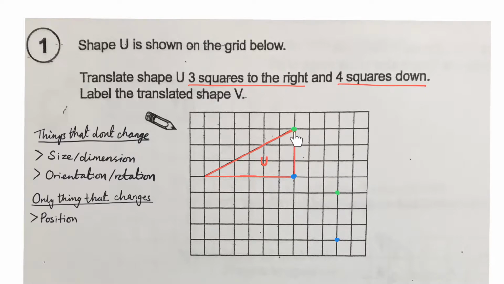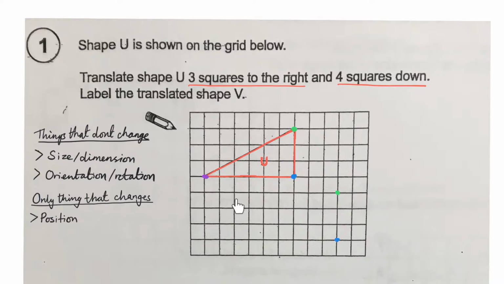The height here is 3 boxes, so from the green one we go 3 boxes down to draw the other vertex, and then this vertex here, this purple one, this is 1, 2, 3, 4, 5, 6 boxes across, so you could easily just count 6 boxes across to draw it there.